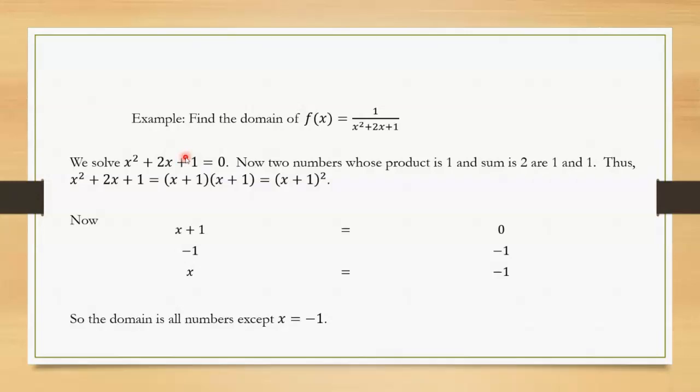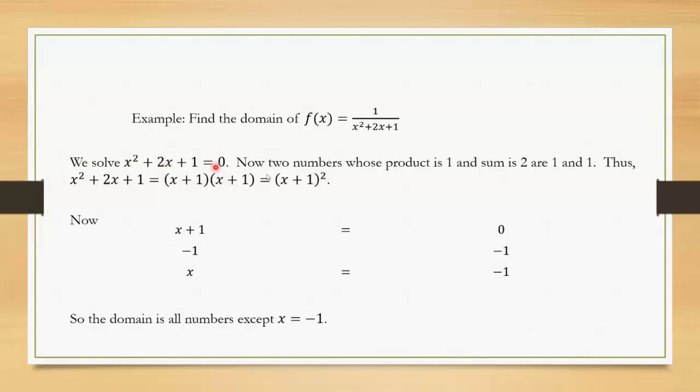So in this case, for this kind of polynomial, we have x squared plus bx plus c. That's what we have here. To factor that, we want 2 numbers whose product is 1, but the sum is 2. Okay, well, how are we going to pull that off?